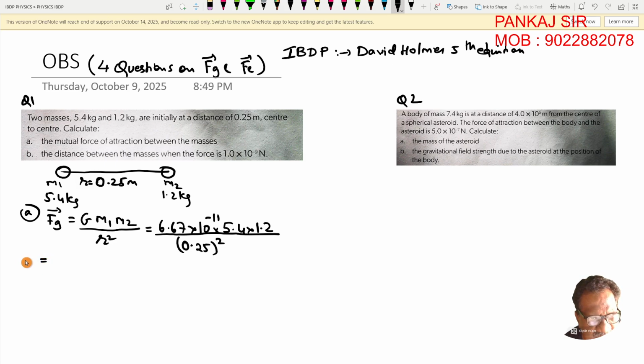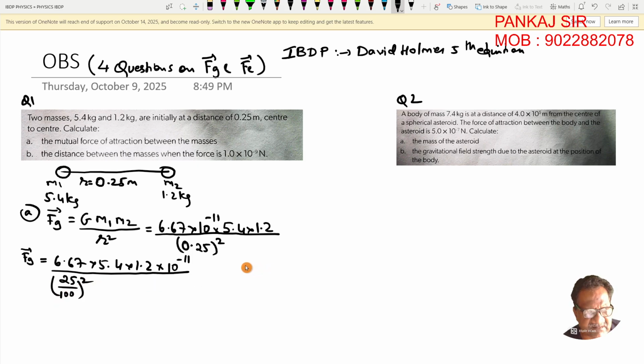So we are finding Fg, the gravitational force. Let me arrange this as 6.67 times 5.4 times 1.2, and the 10 raised to minus 11 I am taking extremely to the right hand side, divided by 0.25 squared, which can be written as 25 upon 100 the whole square.